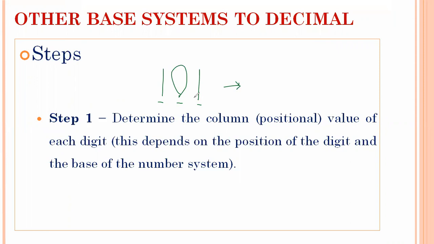Like binary to decimal, we will multiply with 2 raised to power n, moving from right to left, up to the last digit of the given binary value.